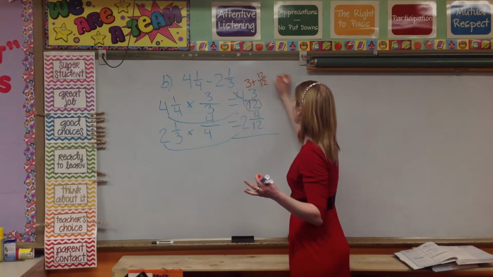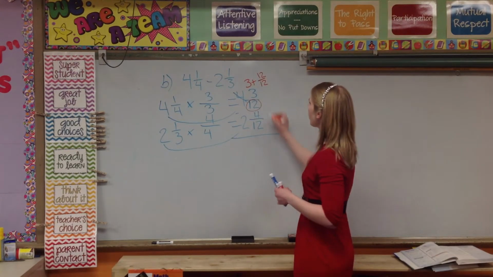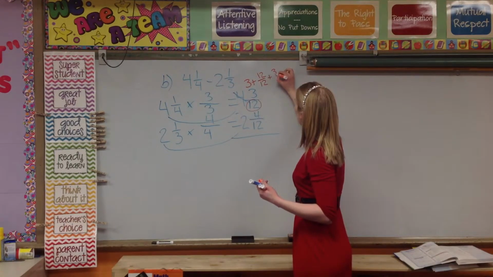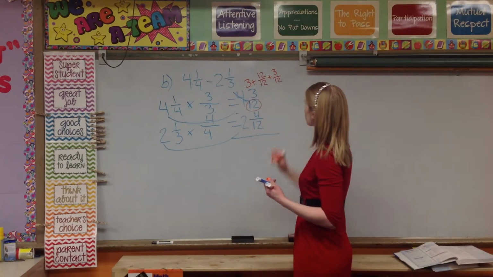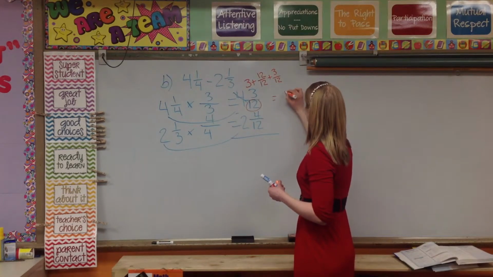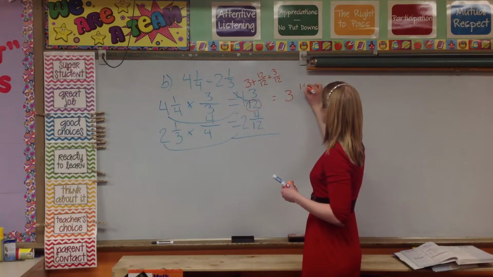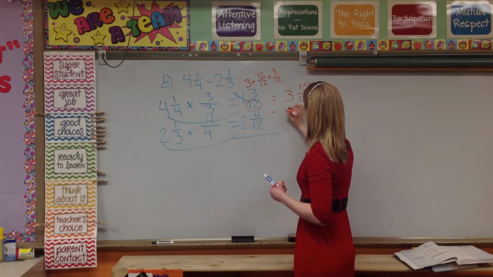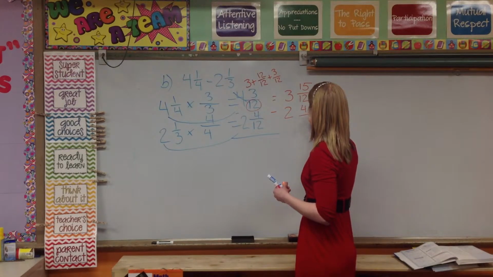So it'll be 12 over 12. But I can't forget about the 3/12 I already have, so I'm going to have to add on another 3/12. So right now I am at 3 15/12 minus 2 4/12.